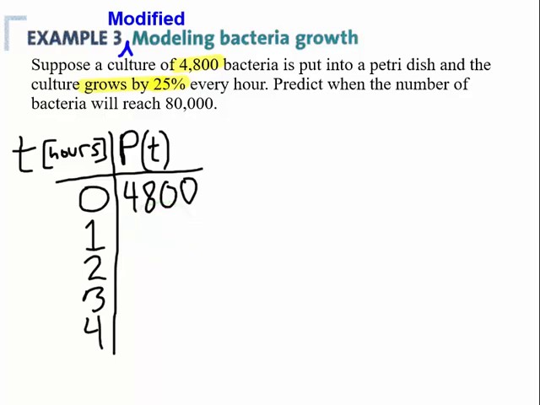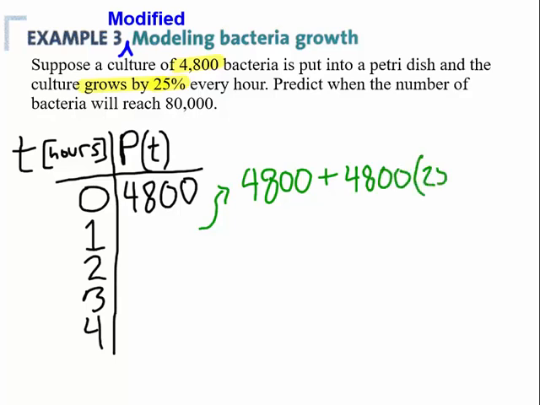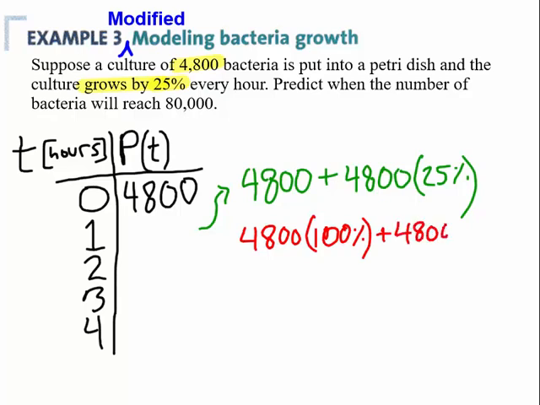Well, after 1 hour, we're going to still have the original 4,800. But on top of that, we want to add 25% of that 4,800. So I'll say plus 4,800 times 25%. I'm going to write here for emphasis that I'll take 100% of that original 4,800 and then add on top of that another 25% of that same 4,800.